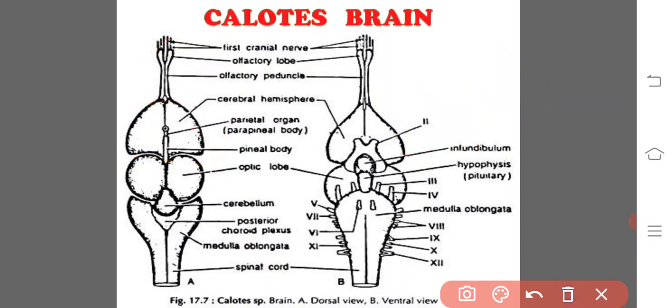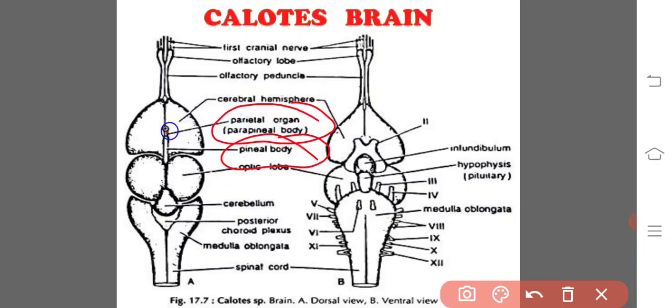The diencephalon bears on the dorsal surface two projections called the parietal organ and the pineal body.